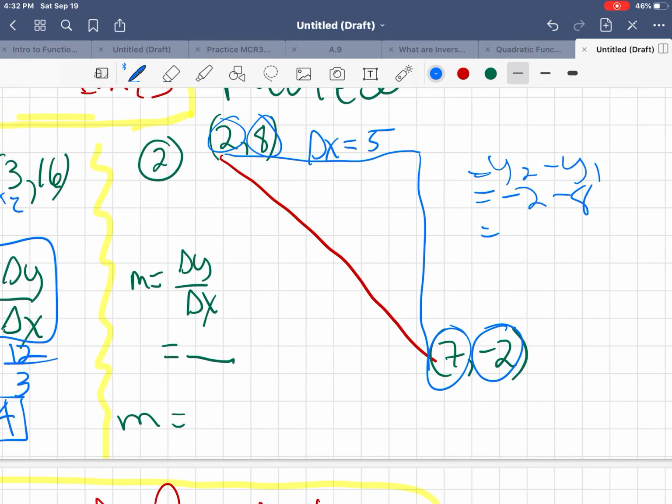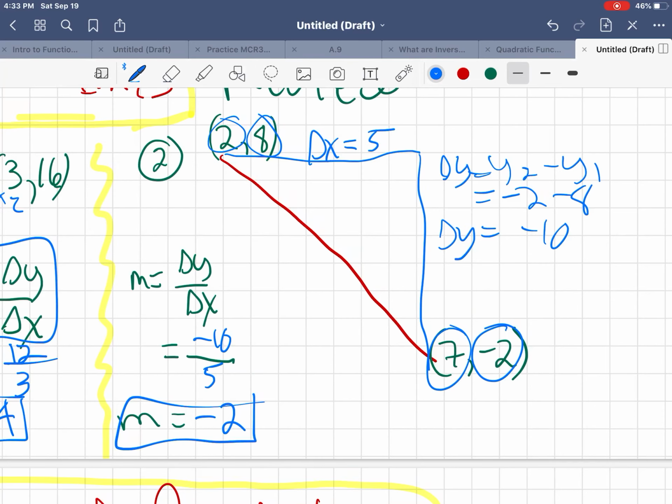That's delta y, and that's negative 10. So delta y is negative 10, and delta x is 5. So negative 10 divided by 5 is negative 2. So that's slope, delta y over delta x.